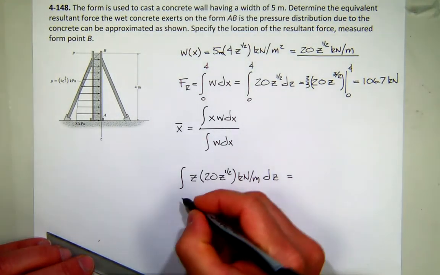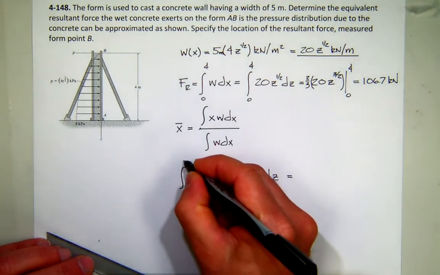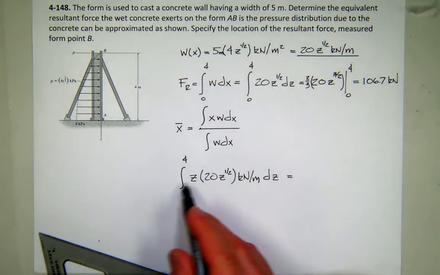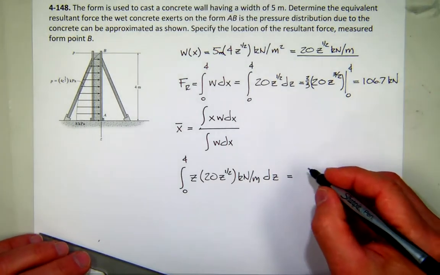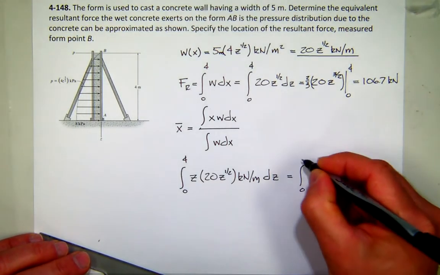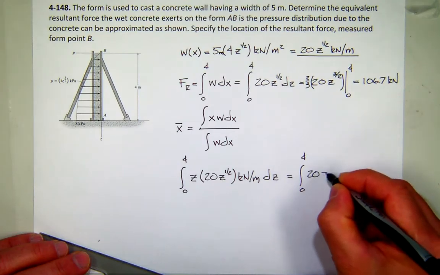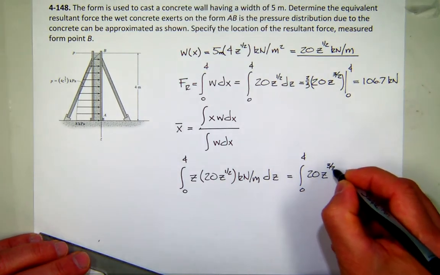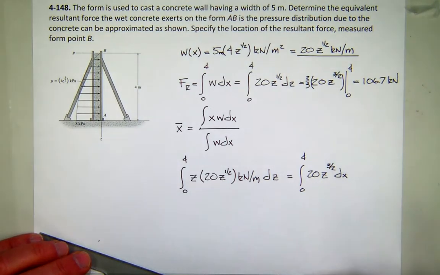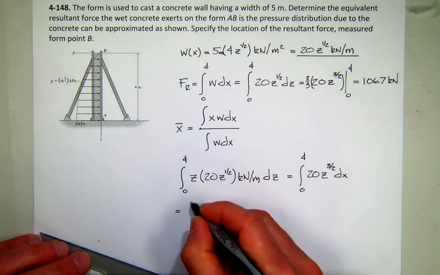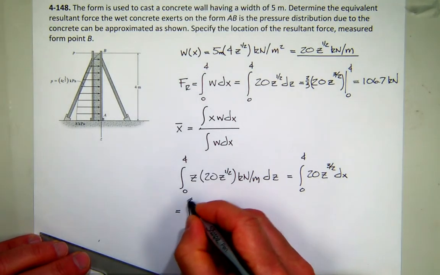So in our particular case, sorry, I've got to integrate this from 0 to 4. So let's put all this together. That'll be the integral from 0 to 4 of 20 z to the 3/2 dz, which I can go ahead and integrate.